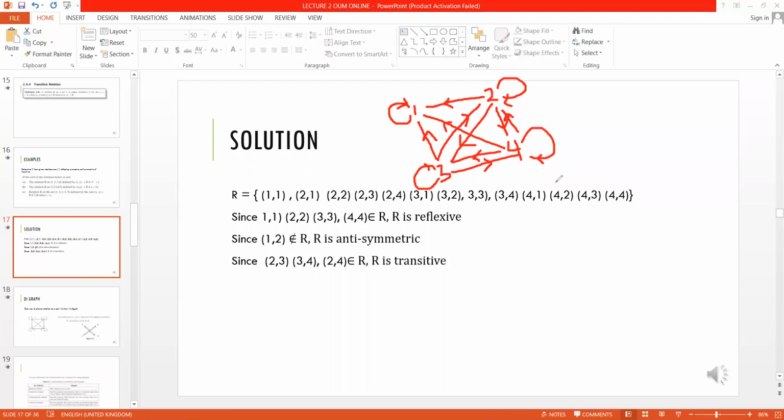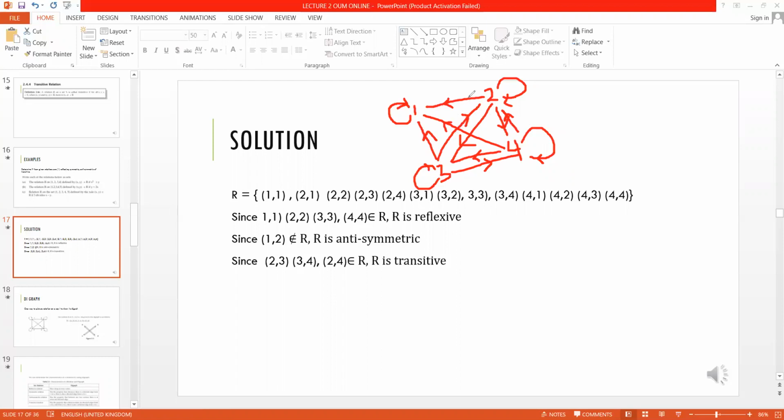Now in digraphs, loops represent reflexiveness. Then when we talk about symmetry, symmetry is where you have this double arrow, like 2 to 4, 4 to 2, 3 to 2, 2 to 3, 3 to 4, 4 to 3.